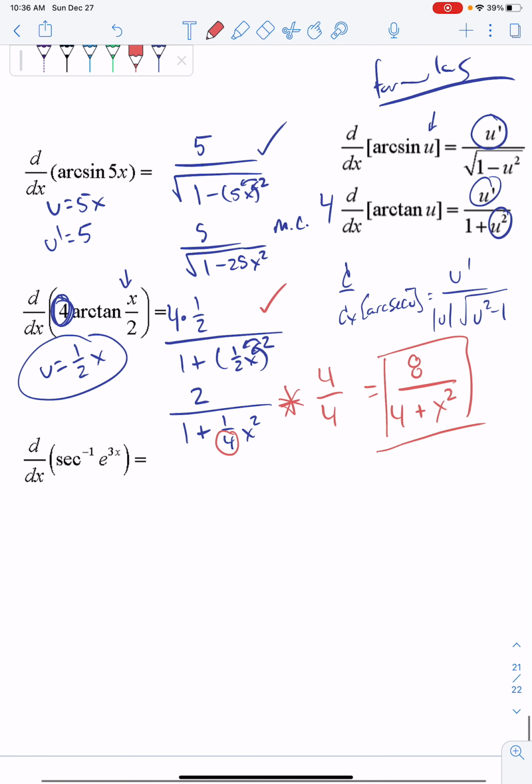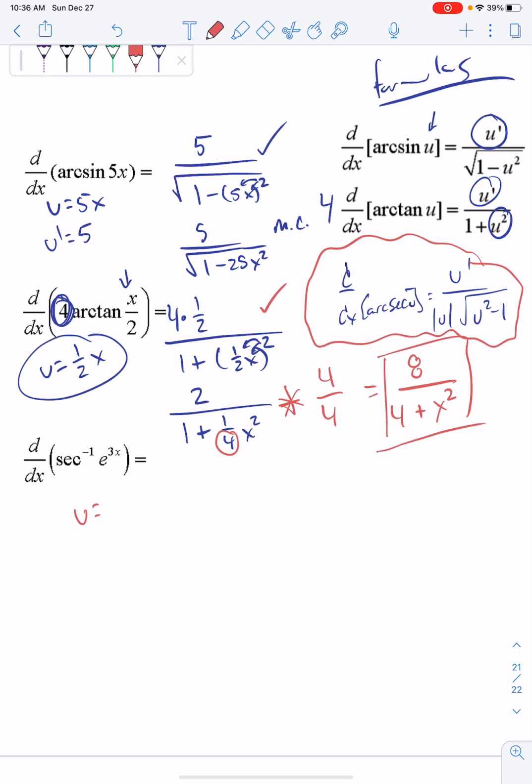All right, the derivative of inverse secant of e to the 3x. So inverse secant, now that I've scribbled all around it, is right here. U prime over absolute value of u, root u squared minus 1. So first things first, u equals e to the 3x. And I like to write these first just because I'm going to plug them in my formula, and then I know that I have them right.